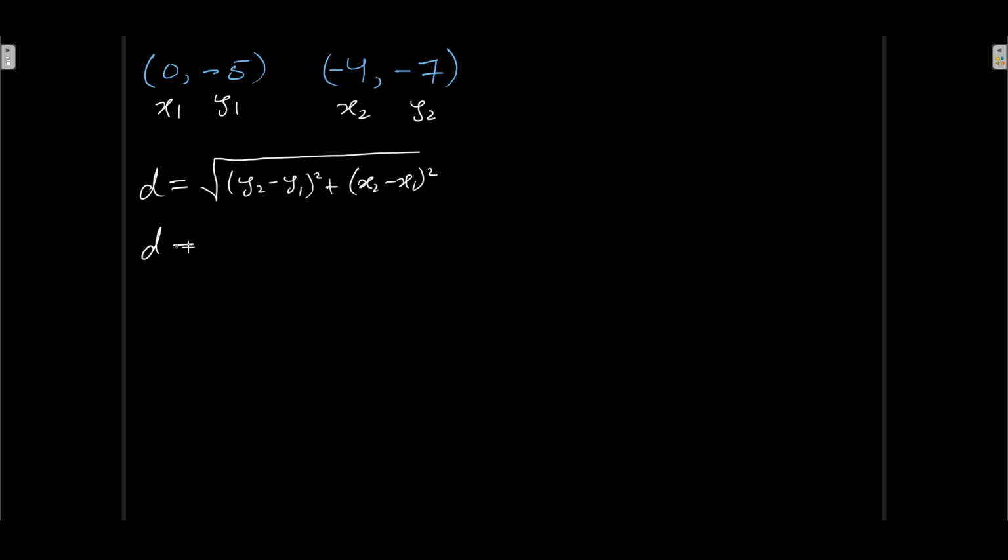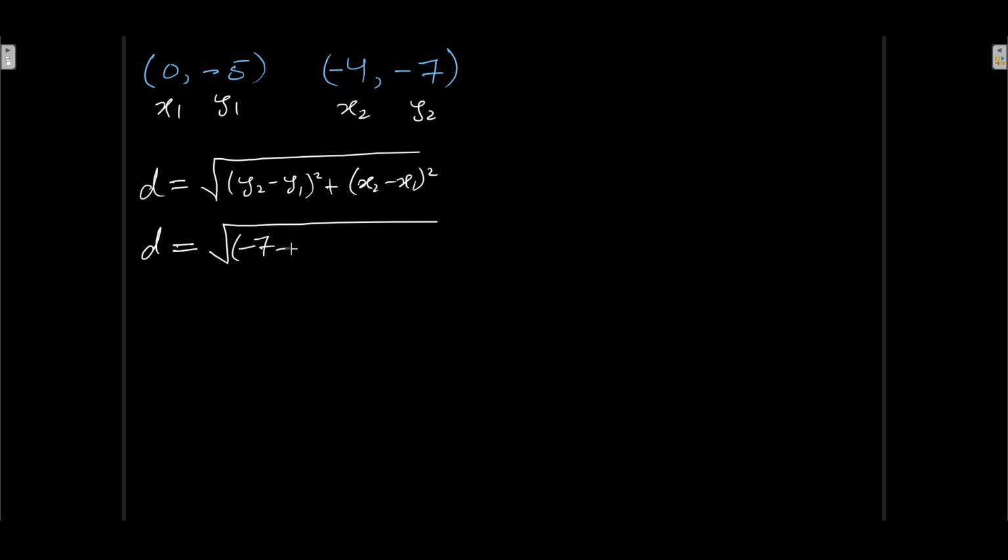So d will be equal to the root of, now you just have to place the respective values properly. So the value of y2 is -7, so I'll just place -7 over here. Then I have a minus, and then the value of y1 is -5.